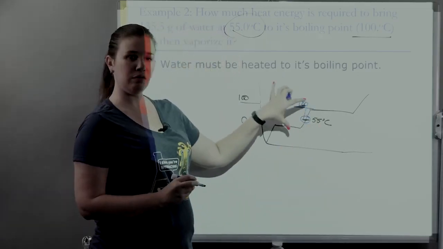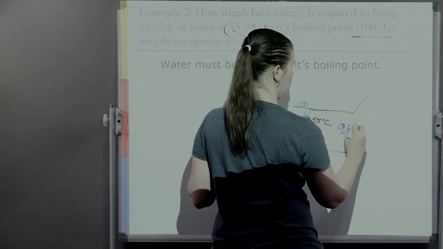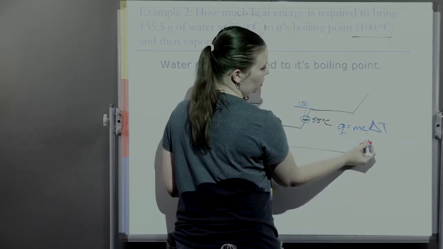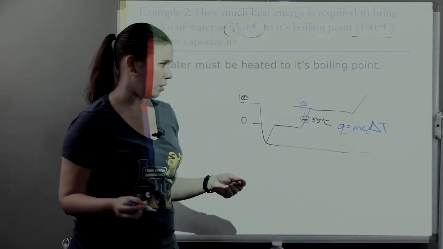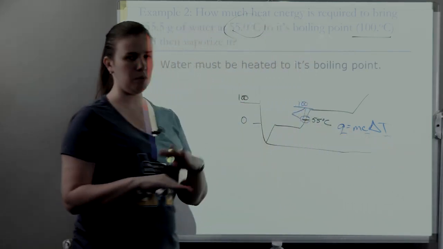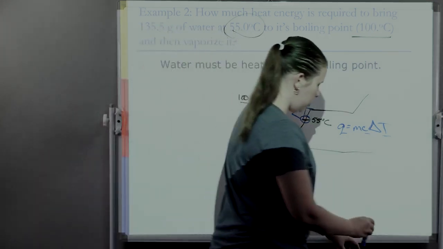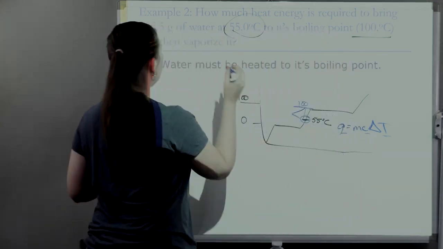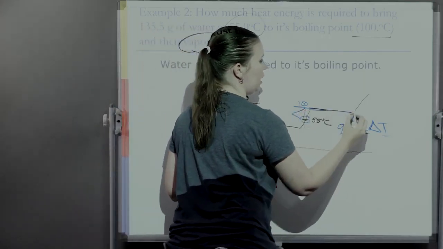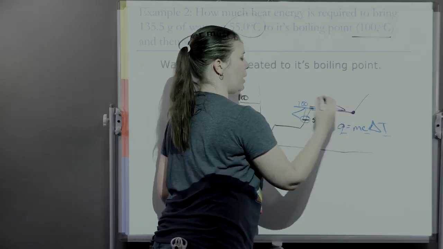So it's the liquid phase of water that we have there, which is going to use Q equals mc delta T, where C will be the specific heat of liquid water, and delta T would be the change just between the 55 and the 100. Then there's another step it asks about. We also want to vaporize it, which would be getting to the end point over here, going from liquid to gas.